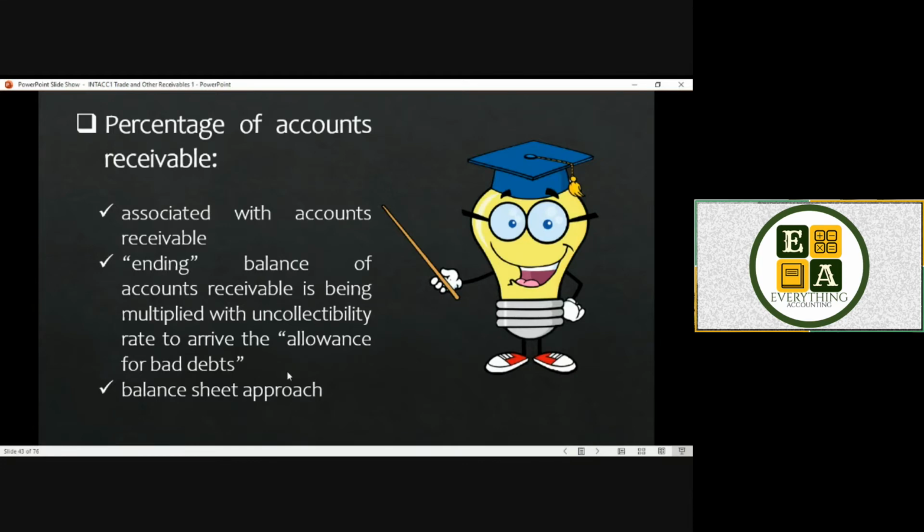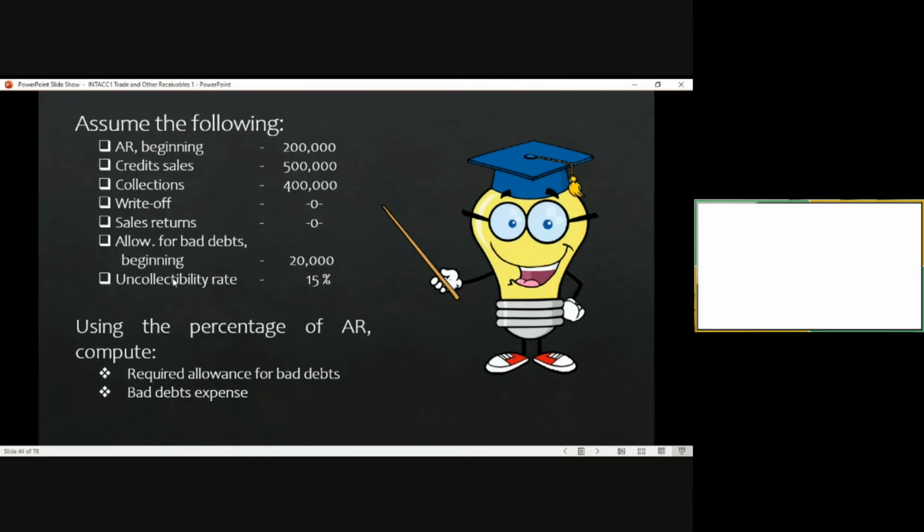Yung difference lang ng percentage of accounts receivable sa aging schedule, dito yung basis natin ng pag-compute ng allowance for bad debts is the ending balance. Yung total ending balance. Okay? Yun yung difference nila. So let us have this assumption.